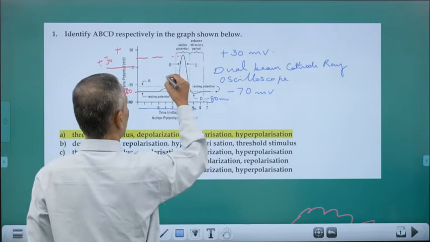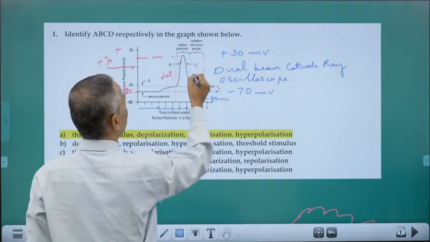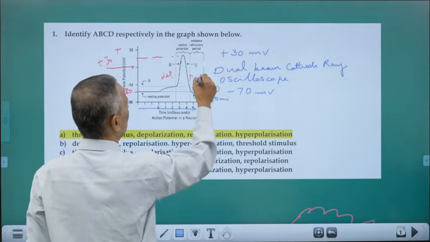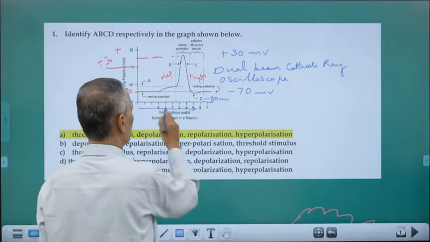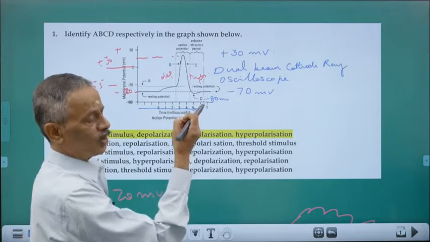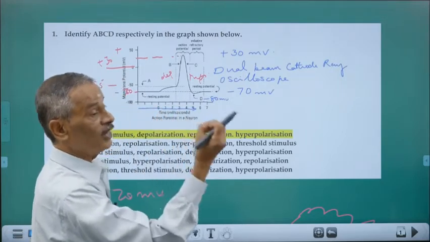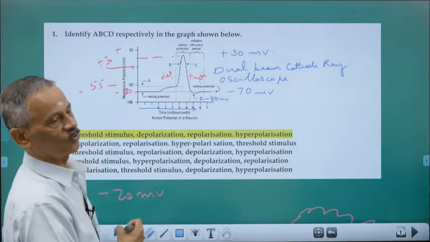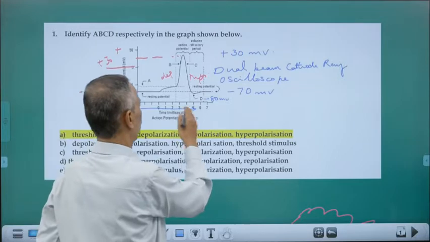So B represents depolarization and C represents repolarization. And the entire process will be completed in a very small time period of 5 millisecond. Okay, it is so quick.